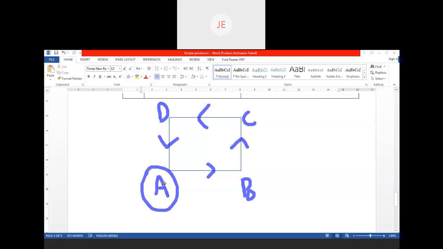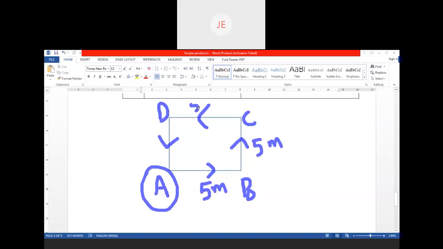Initial position of Shivangi is A, final position is also A. A to B distance, let us say the separation is 5 meter, and B to C is also 5 meter, since it is a square of side length 5 meter.